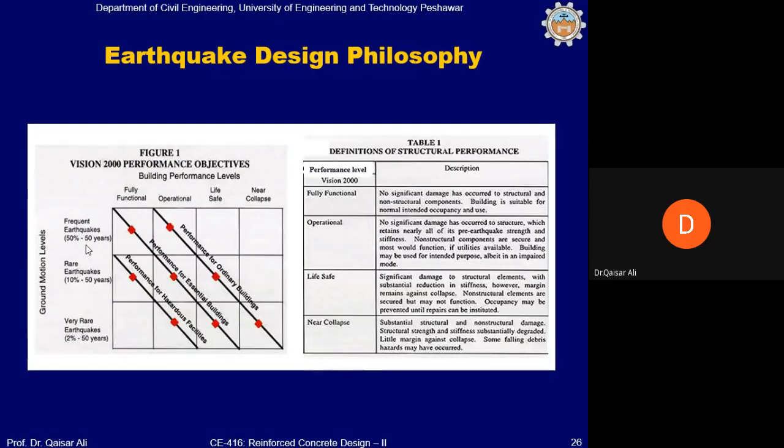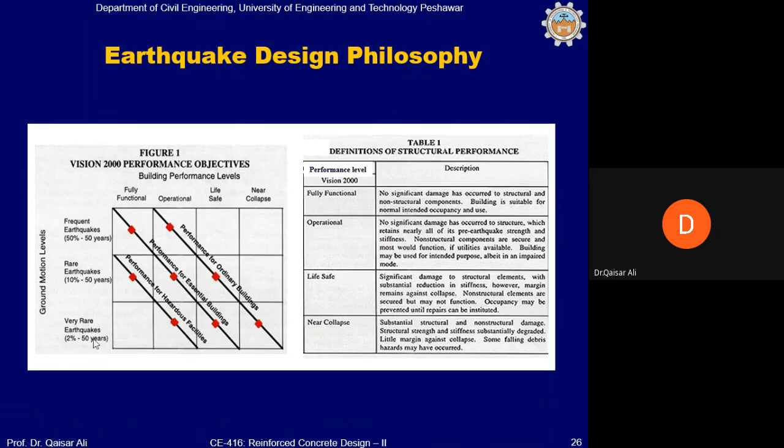They are very frequent earthquakes, but fortunately they are of low magnitude. And then we have rare earthquakes, where the probability of occurrence is 10% in 50 years. In other words, the probability of non-occurrence is 90%. And then very rare earthquakes are those whose probability of occurrence is 2% in 50 years. In other words, the probability of non-occurrence is 98%.